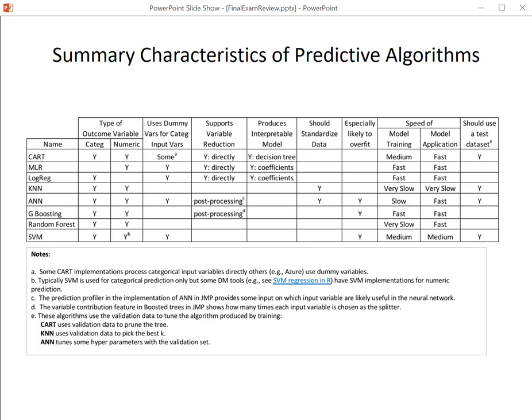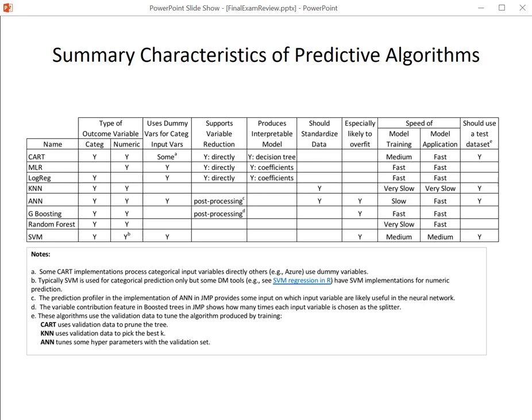Sometimes they can solve problems better than the other algorithms, but they also have a tendency to overfit, and you can tell how much overfitting occurs by looking at the difference between the model quality evaluations on the training and the validation, and the validation and the test data, and that'll give you an idea of how much overfitting there is. There's typically always overfitting when you go from one step to the next, and sometimes it's just a little bit and sometimes it's a lot.